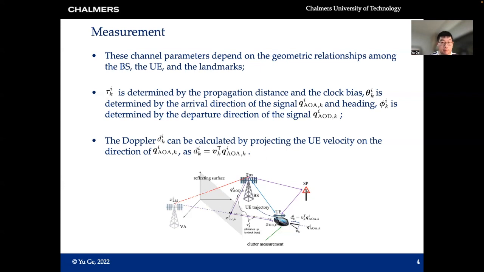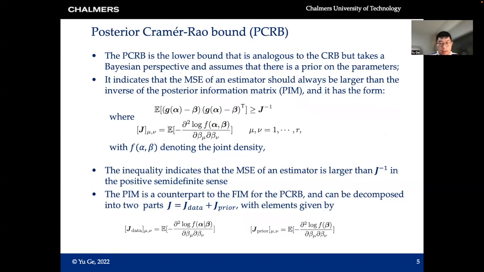The Cramér-Rao bound is a common approach to predict the performance of the problem. The posterior Cramér-Rao bound is a lower bound that is similar to the CRB but takes a Bayesian perspective and also assumes that there's a prior on the parameters. It indicates that the mean square error of an estimator should always be larger than the inverse of the posterior information matrix, and it has this form.